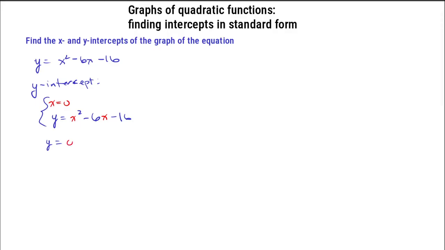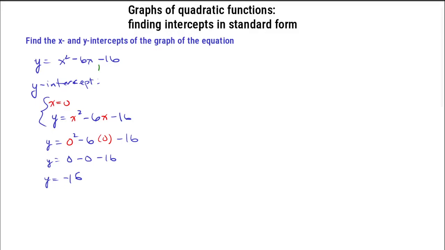So y equals 0 squared minus 6 times 0 minus 16. Well, this is easy because 0 squared is just 0. 6 times 0 is 0. And we got minus 16, so y equals negative 16. And by no coincidence whatsoever, this minus 16 is the same as this constant term up here.